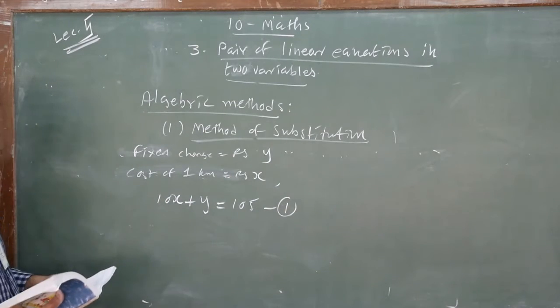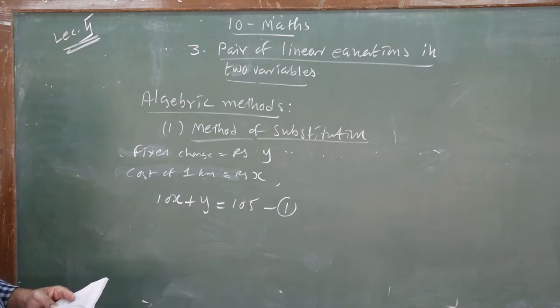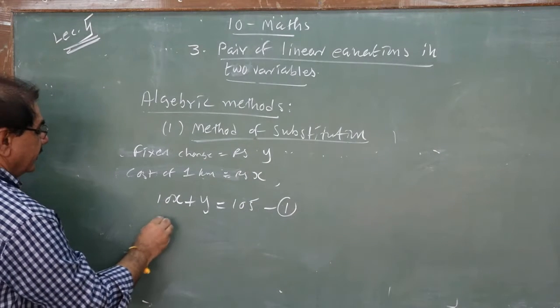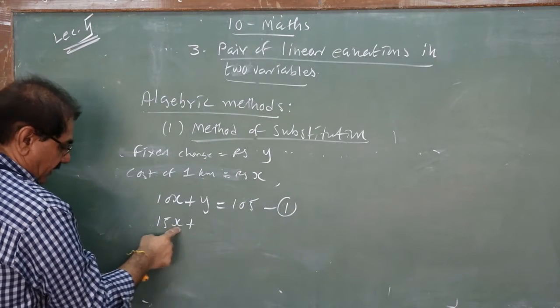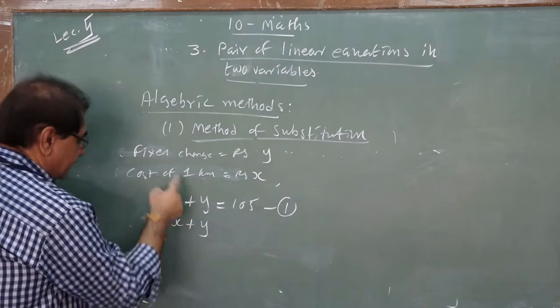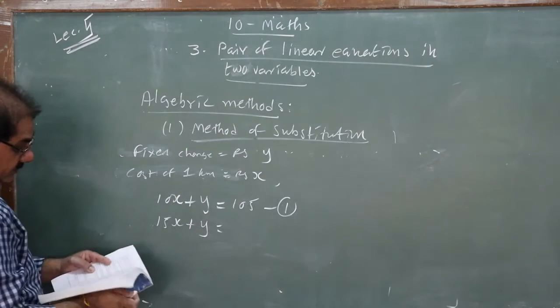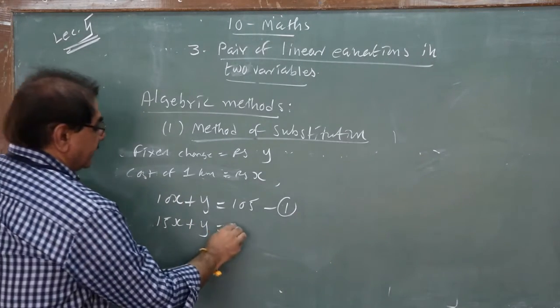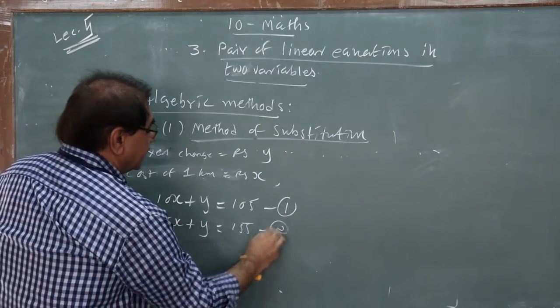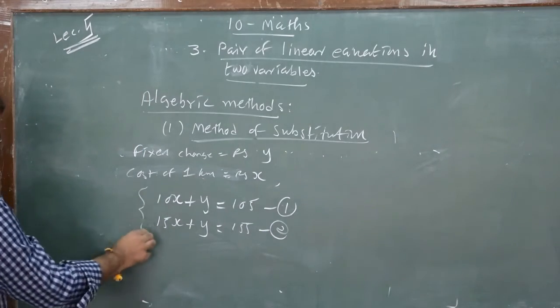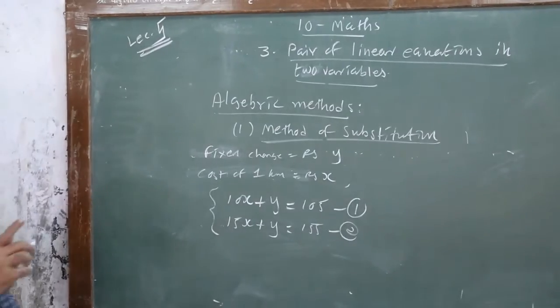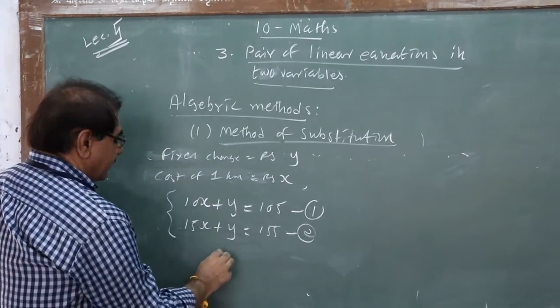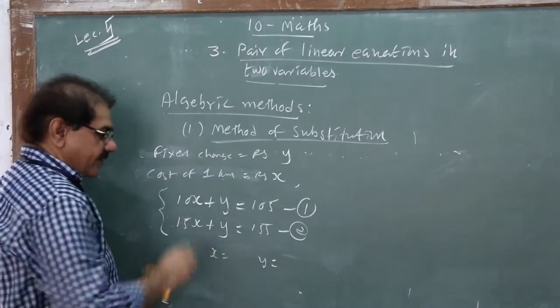Equation number 1. In the same way, for the journey of 15 kilometers, 15x, the charge for 15 kilometers, plus the fixed charge is equal to 155. Equation number 2. You have to solve this by the method of substitution and get the values of x and y.